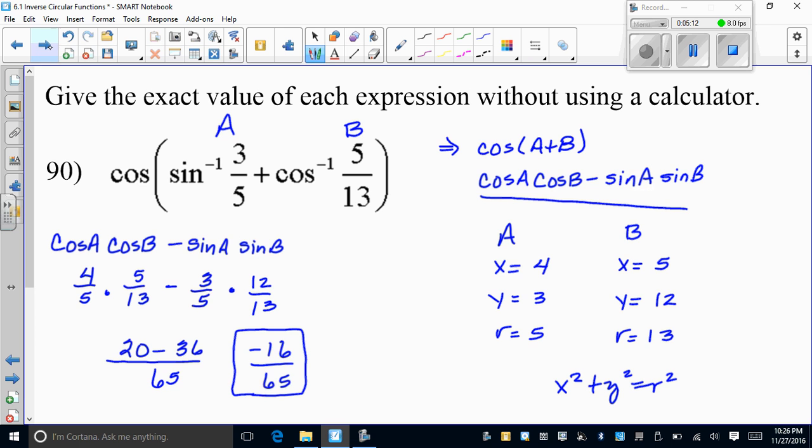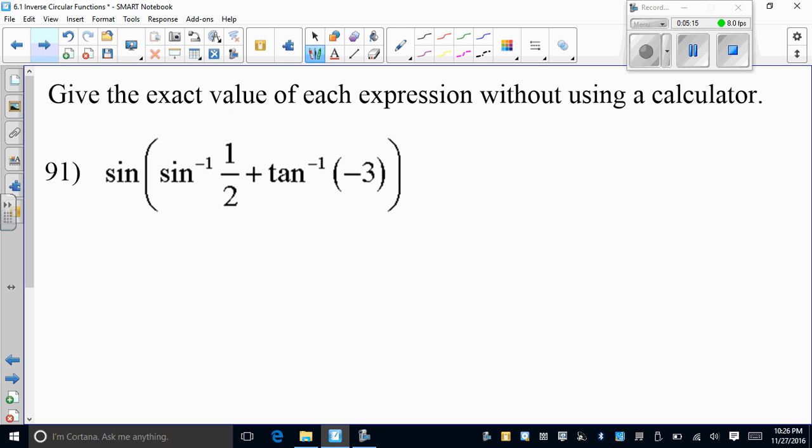Okay, so this one is very, very similar to the last one, only this time we're looking for sine, and we have A. Remember, this is the angle whose sine value is 1/2, and this is going to be B, the angle whose tangent is this. So for angle A, x, y, r: the x value over here we don't know.